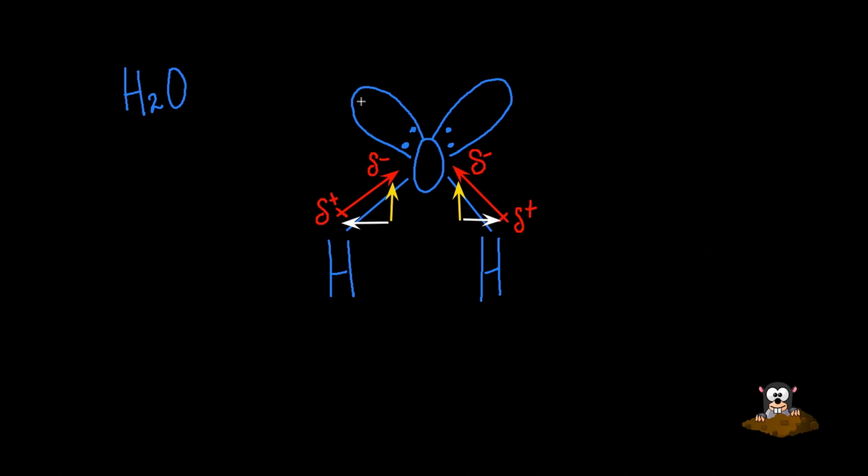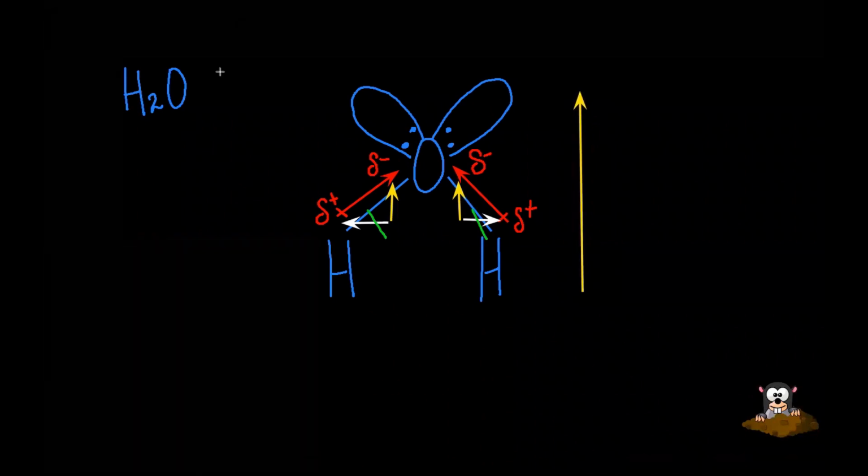Looking at the x, or the horizontal component, we can see that the dipoles are pointing in opposite directions. Hence, they will cancel each other out. But looking at the y, or vertical components, we can see that the dipoles are pointing in the same direction. So these two will add up. And therefore, we would have a net dipole moment in the upward y direction.